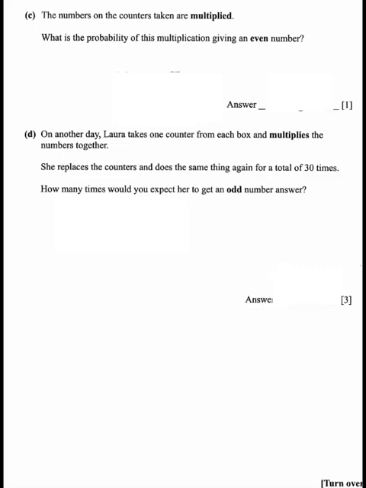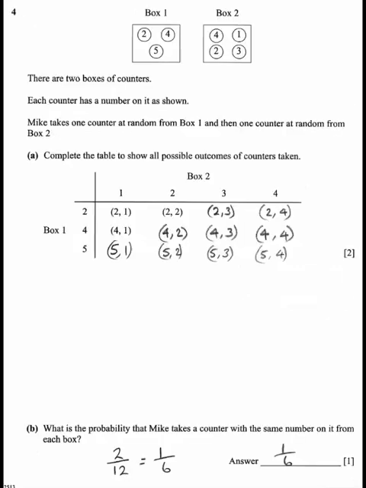So for question C, it says the numbers on the counters taken are multiplied. What is the probability of this multiplication giving an even number? So if we go to the previous page, when you multiply 2 times 1 and 2 times 2, if one of the numbers is an even number, you're going to get an even answer.